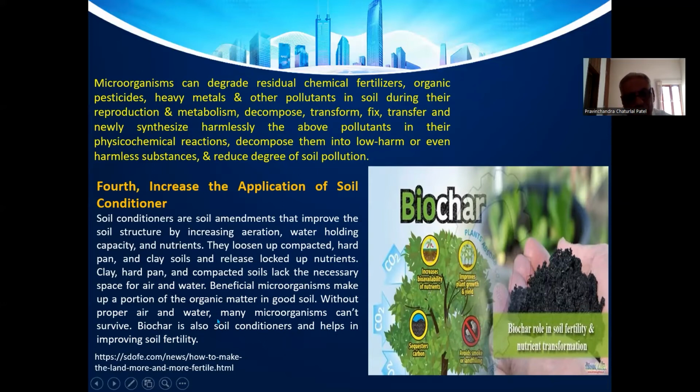Biochar, you know that biochar is a recent soil conditioner, and it helps in improving soil. I have done some work on biochar, and I found that when we apply 10 ton corn stover, maize stover biochar along with the recommended dose of fertilizer of the maize crop, and I tested it on maize crop, we found significantly higher dry matter and crude protein yield of maize as compared to biochar alone.